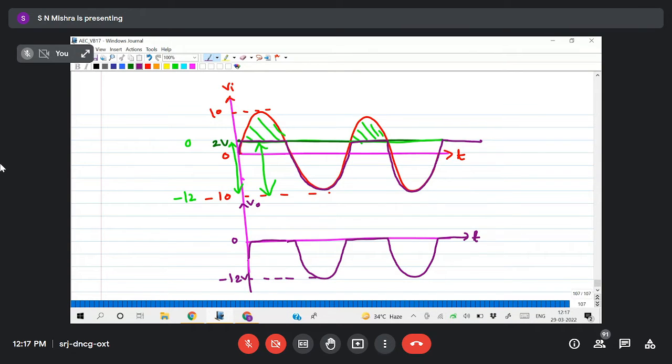This is T. Got it? So this portion is actually cutting from here to here. Zero to 8 means 2 to 8. This 2 to 10 means 8 volt is cutting here. So 0 to 12 we are getting. Understood how to analyze?